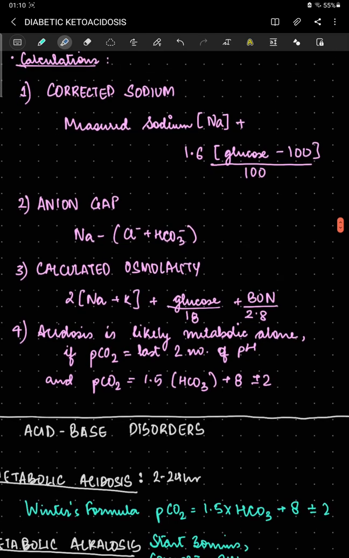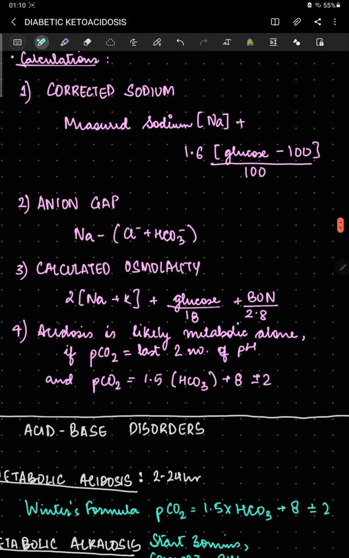Now there are certain calculations that you have to keep in mind while assessing the child's investigations. First of all, corrected sodium.